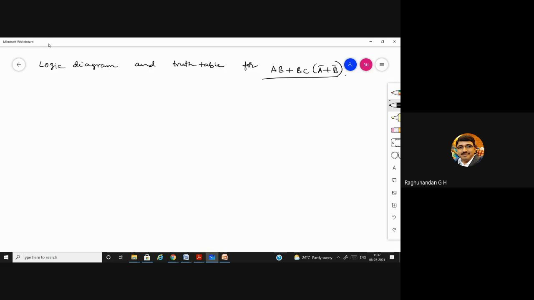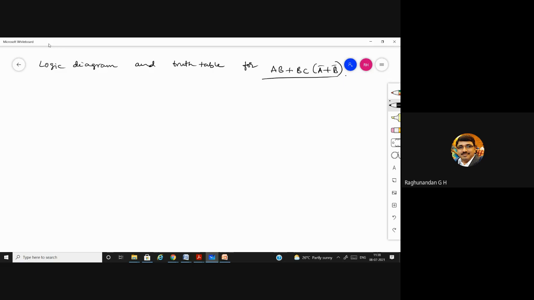This is the equation. You should read the question properly. Many students will have this confusion because they are given a somewhat complicated equation like this. What they'll do is simplify it and then write the logic diagram and truth table. That you should not do, because in the question they have just asked to write the logic diagram and truth table.